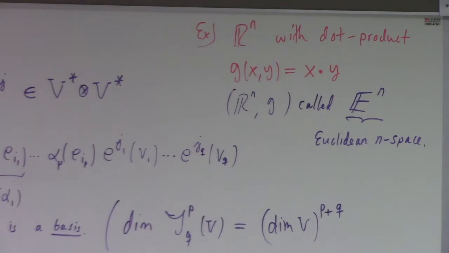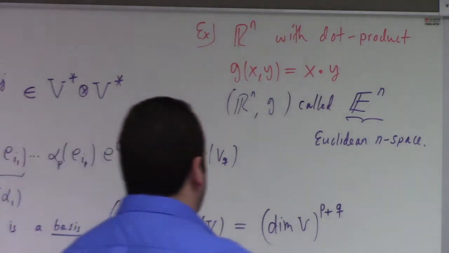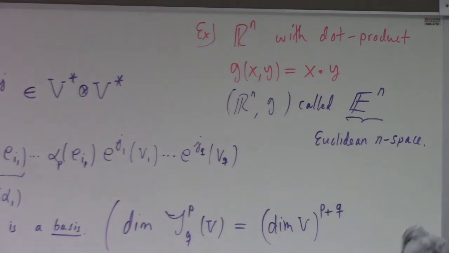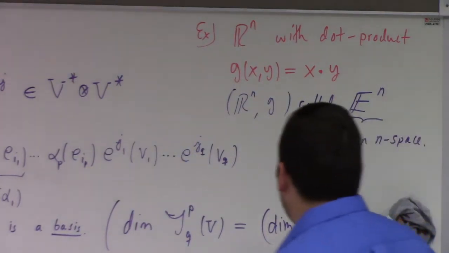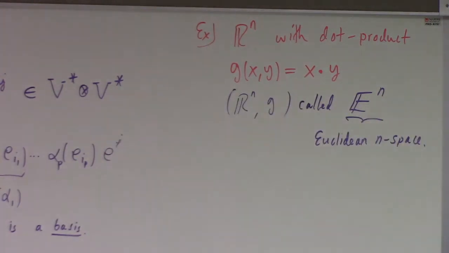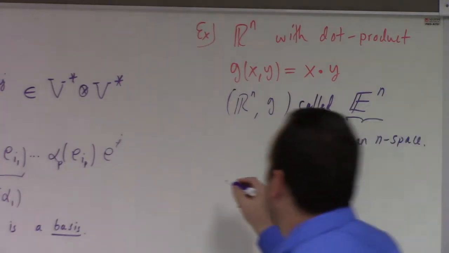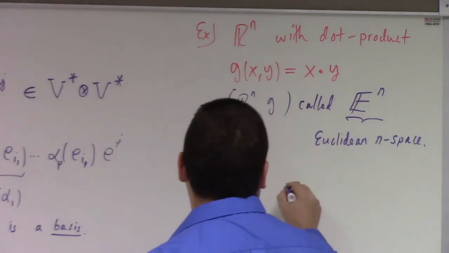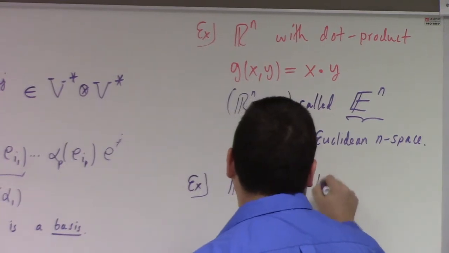You can look at the transformations which leave the dot product fixed, the so-called orthogonal transformations, right? What are those? They're literally rotations and reflections, right? Now, the other example that we deal with in here is Rn with the so-called Minkowski product.